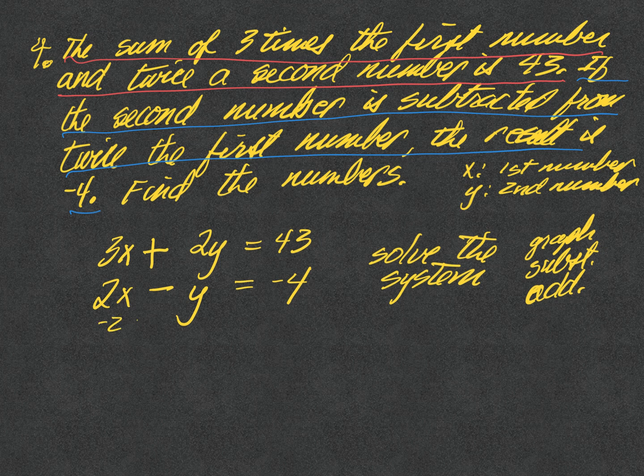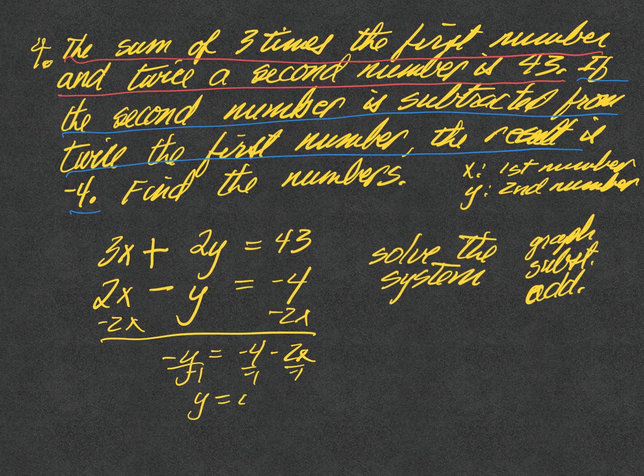So I'm going to subtract 2x from both sides, and I get -y equals -4 minus 2x. And then I divide everything by -1, and I get y equals 4 plus 2x. So I then substitute that into the first equation.